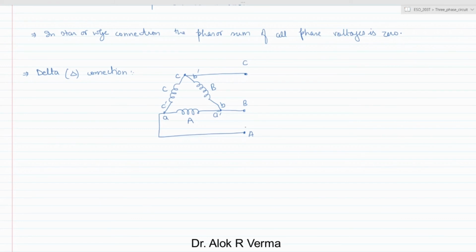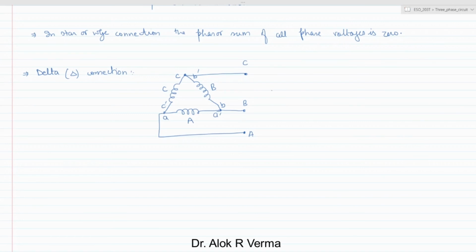So these coils are connected in the form of a closed loop. Okay, so the connection is such that one's negative is connected to another's positive terminal, one prime, another non-prime. So the supply lines in delta connection are taken from these junctions where the connections are made. So this is phase C, phase B, and phase A.